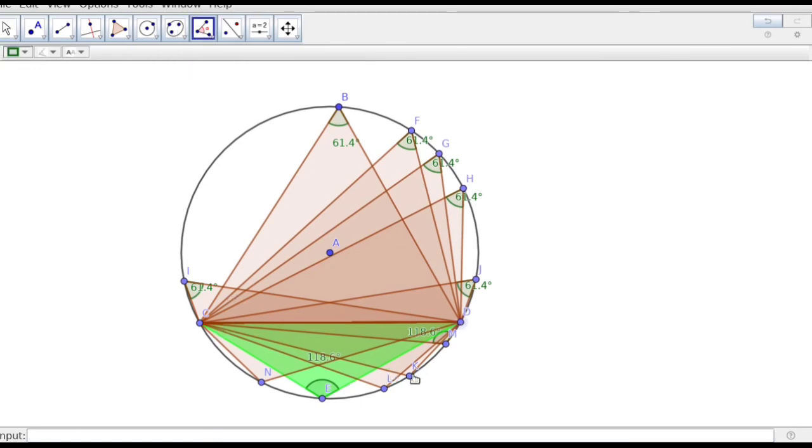That is also equal to 118.6. Then what about the next? That is also equal to 118.6. Then this one, that is also equal to 118.6.